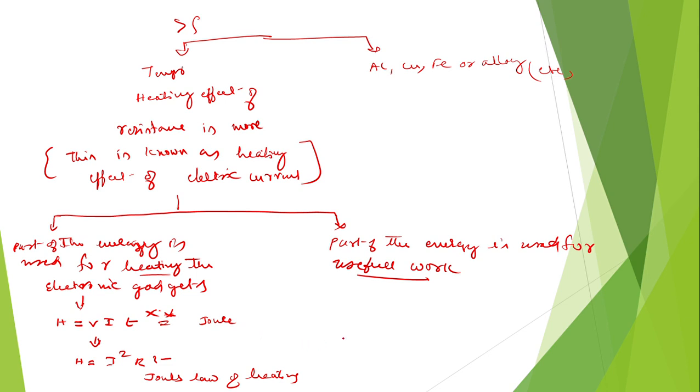Now second part will come. Some part we are using for useful work. See, here using alloys. Where we are using alloys? Electric heater or electric iron.